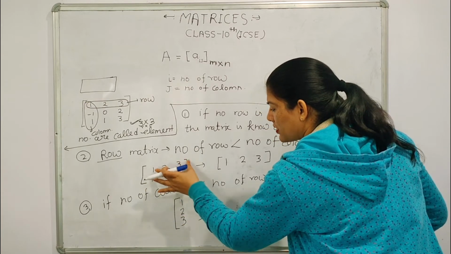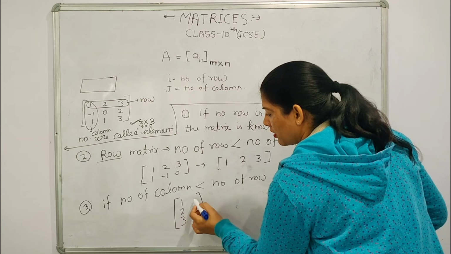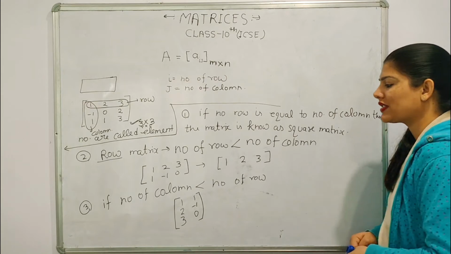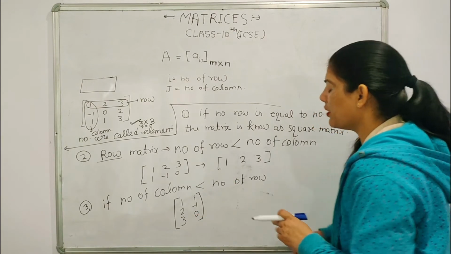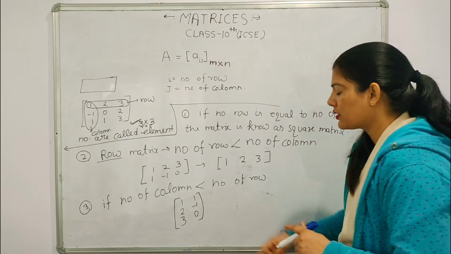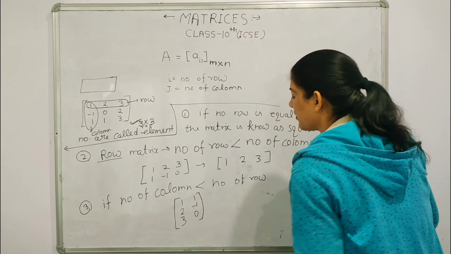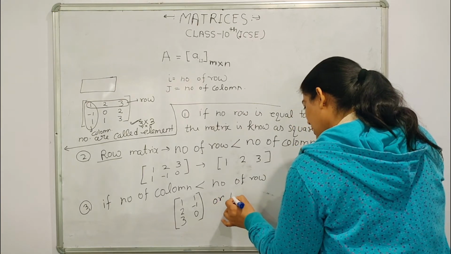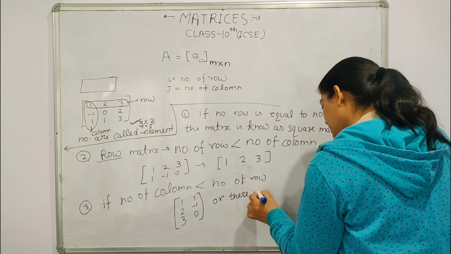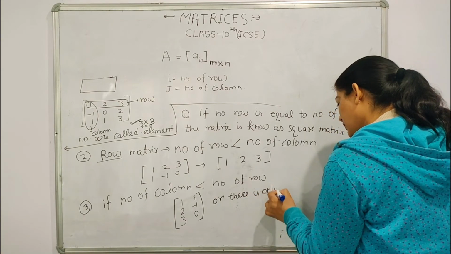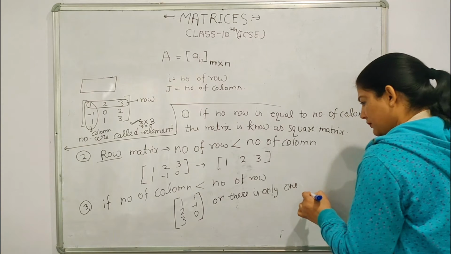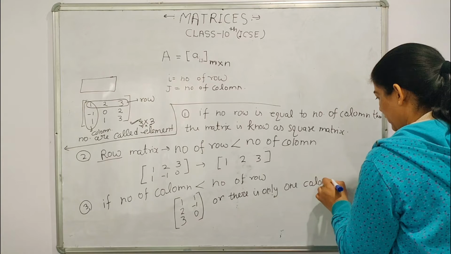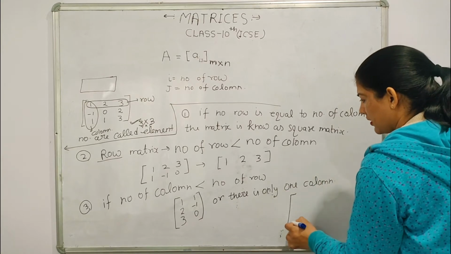Here I make the first row the first column of the new matrix, and 1, minus 1, 0. So in this case you can see the number of columns is 2 and the number of rows is 3. So here it is a vertical column. Or if there is only one column, then you will call it simply a column matrix.